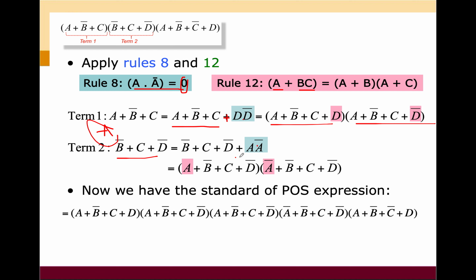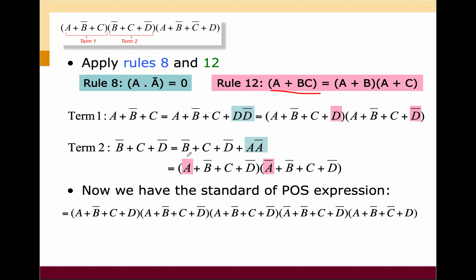So you will do it like this first, using the rules number 8, still under the rules number 8 over here. And then what you're going to do is use the rules number 12. Rules number 12. So over here, where is A plus AC?